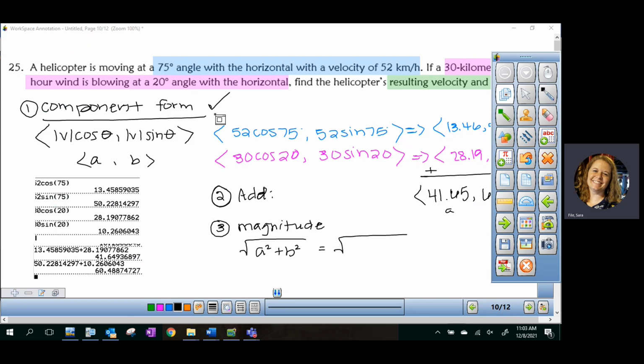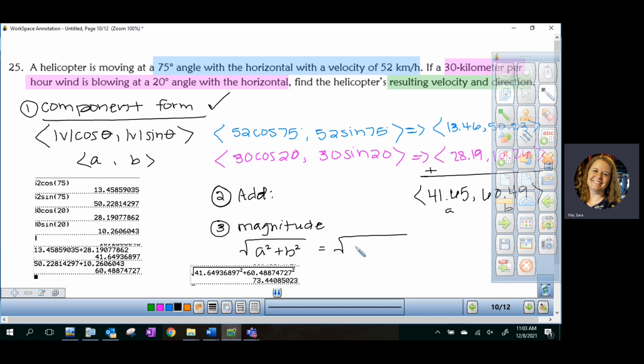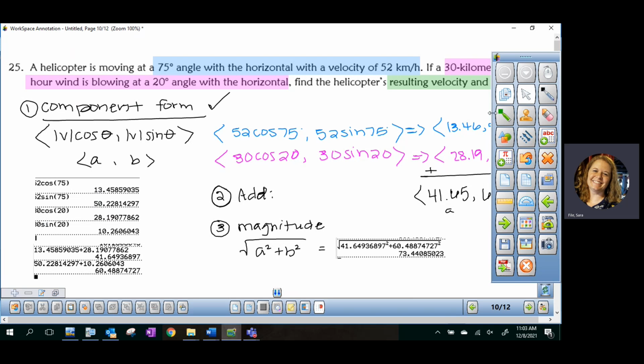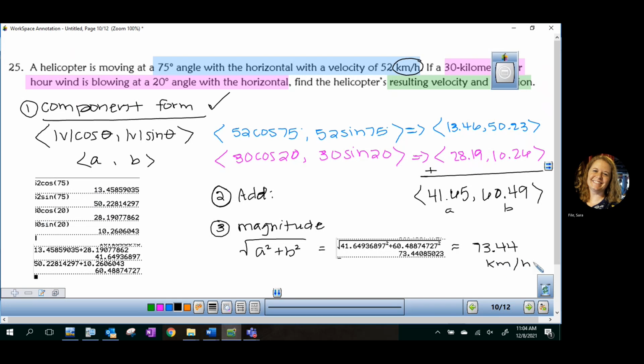And notice I didn't square the rounded values. I squared the whole big long numbers. And that came out, I'm not even going to write all that down. You can see it in the calculator there. When we give our answers, I'm having you round to hundredths, so 73.44 for our magnitude. That is representing kilometers per hour. That is the speed. So that's the magnitude.